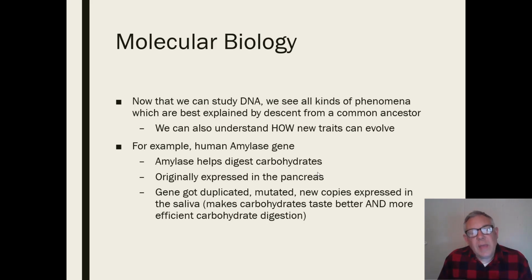But when studying the amylase gene, we find that we have several copies of the amylase gene. And some of those copies are still expressed in the pancreas, but others are expressed in the salivary glands. And so what started as one gene that was used to digest carbohydrate became many genes that all digest carbohydrates, but they're expressed in different places, which gave our ancestors an advantage.